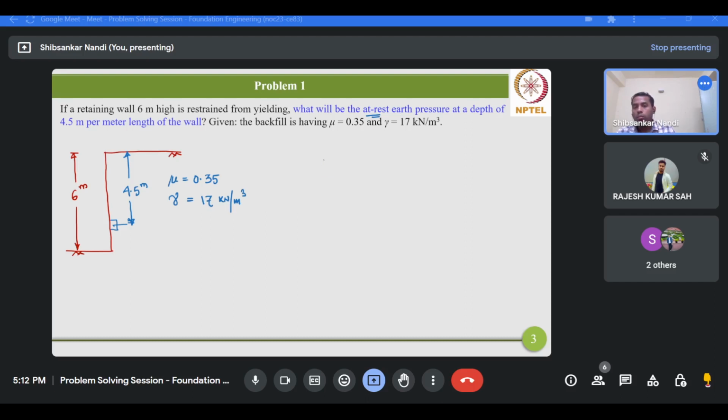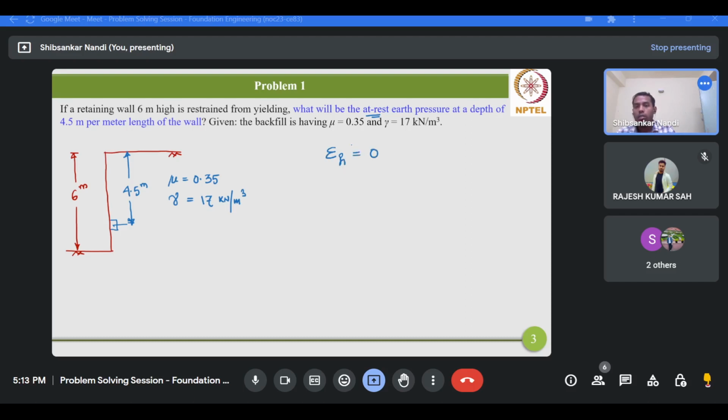For at rest earth pressure, since there is no movement of the backfill and no movement of the retaining wall, your horizontal strain should become 0.